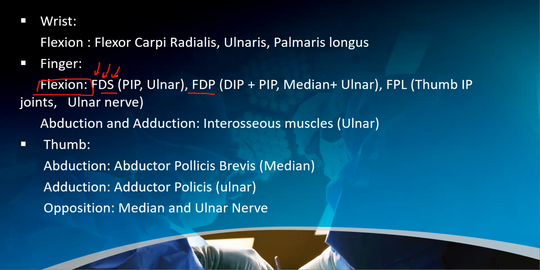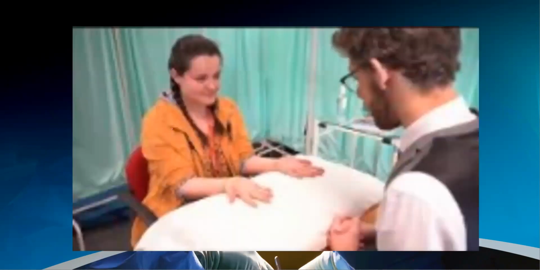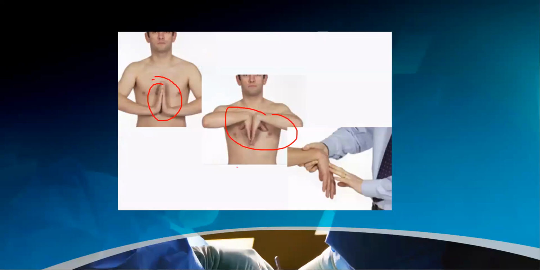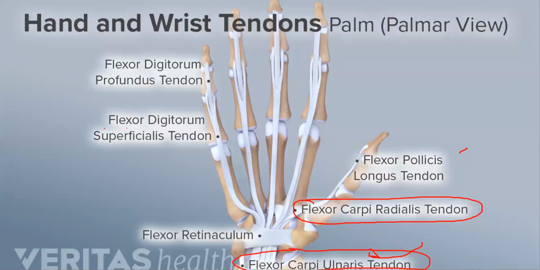Okay, so if you look at here, that's your flexor digitorum superficialis. The flexor digitorum superficialis tendon only helps with flexion of your proximal interphalangeal joint. Not this one. This one.